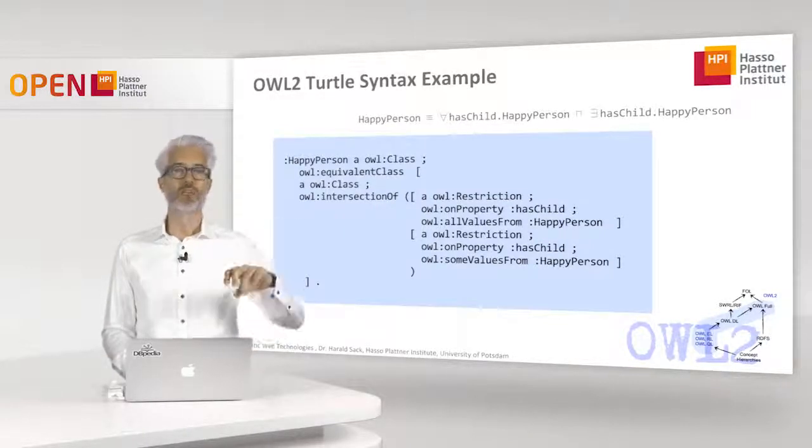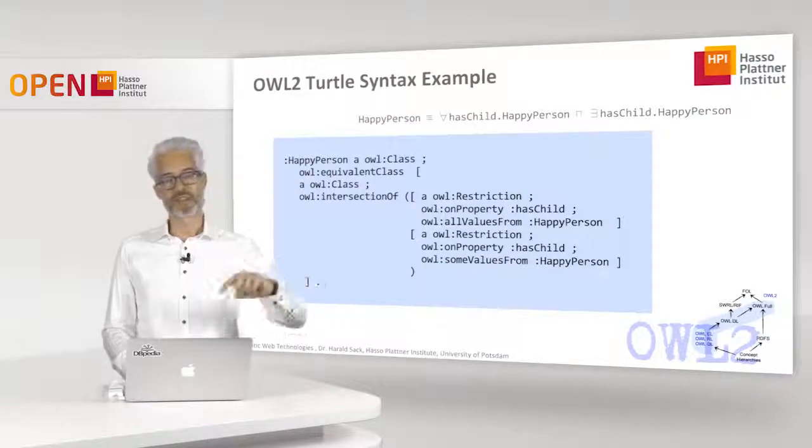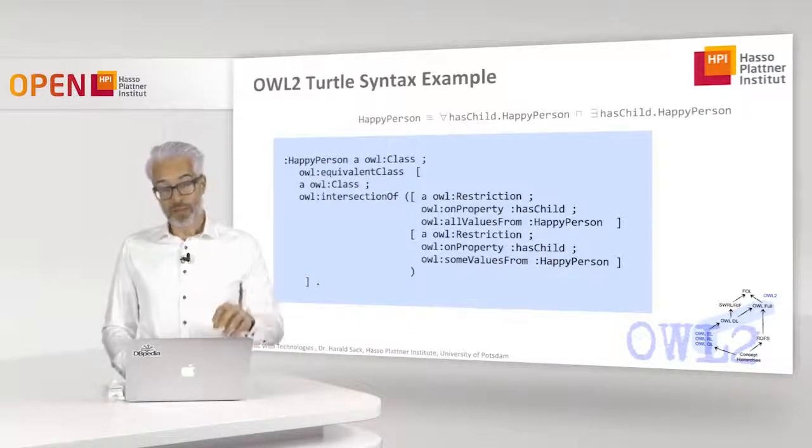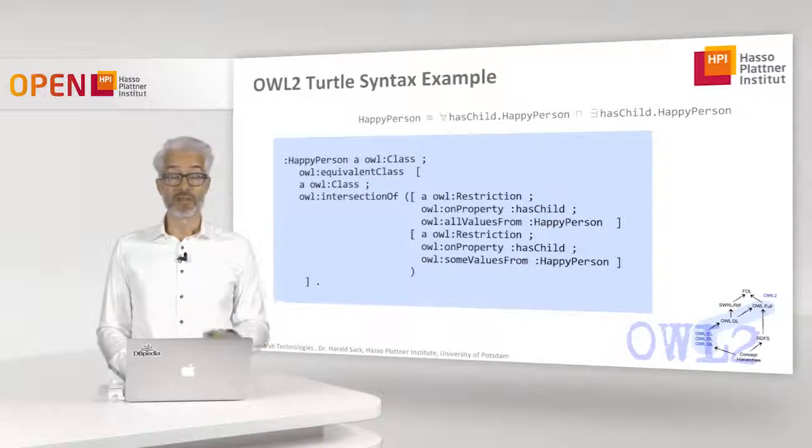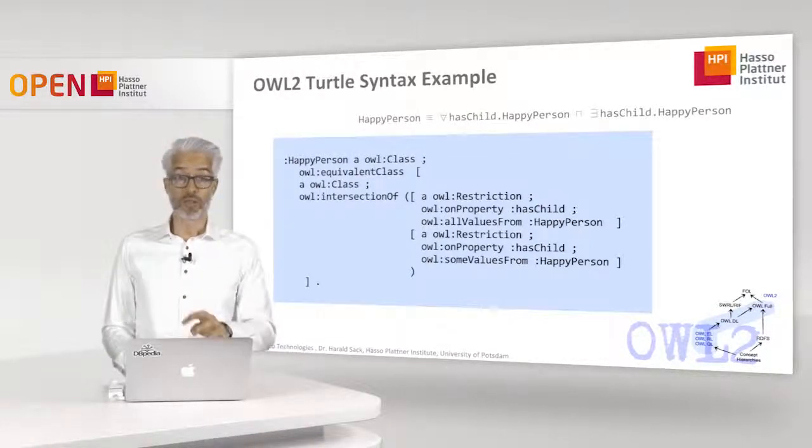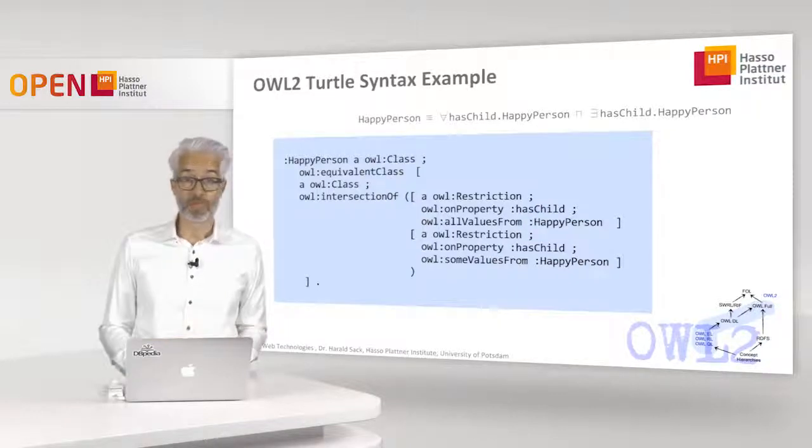First one with all values from, last one with some values from. Concerning the special vocabulary that we need here in OWL Turtle, we will talk about that in the future parts of lecture number 4.